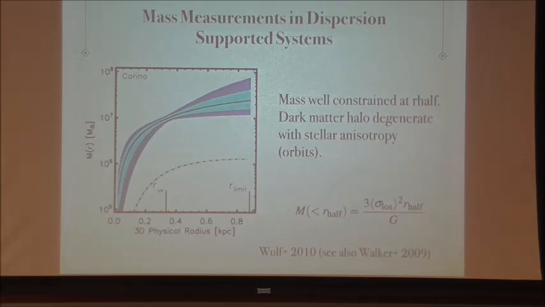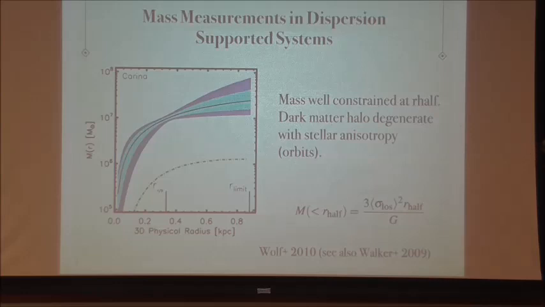What this comes down to is that the dark matter halo is degenerate with the velocity anisotropy. So if the halo is a core or a cusp, it's completely degenerate with what kind of orbits the galaxy has. And we can't determine what kind of orbits they have unless we have more information. But what's been found, which is really nice, is that all this degeneracy is minimized at this radius over here.